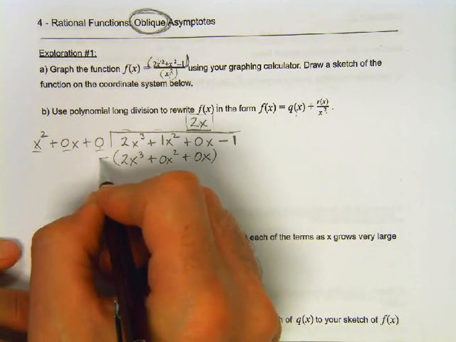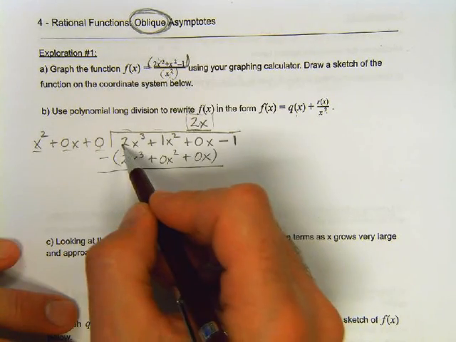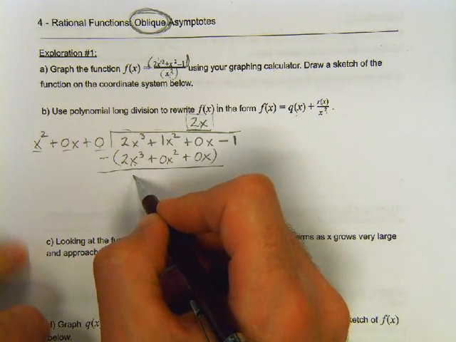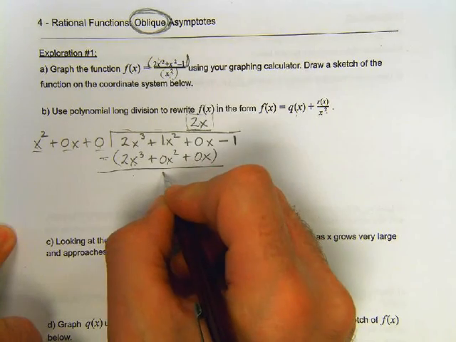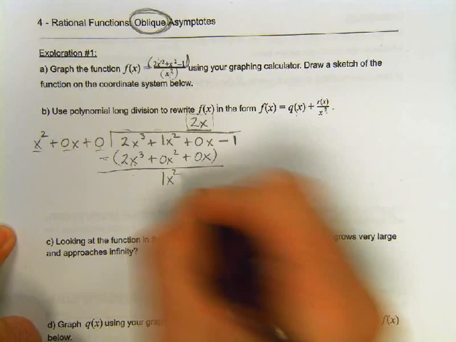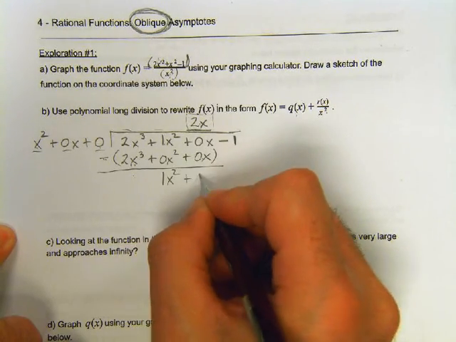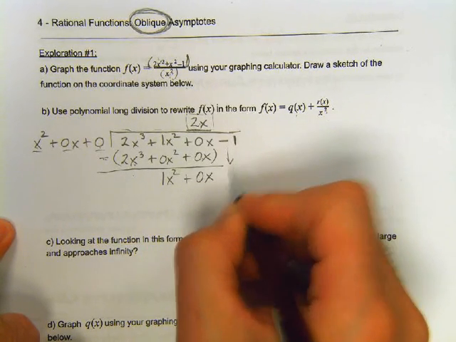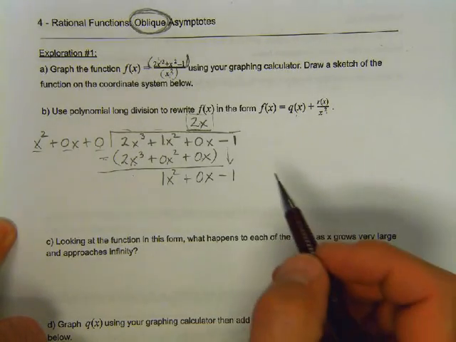Put this in parentheses and subtract. 2x cubed minus 2x cubed is 0. 1x squared minus 0x squared is 1x squared. 0x minus 0x is 0x, and drop the negative 1.